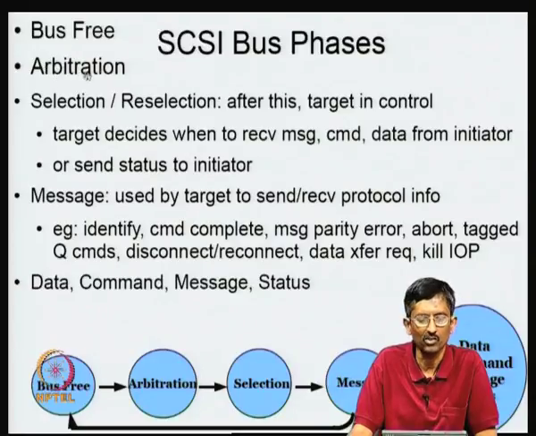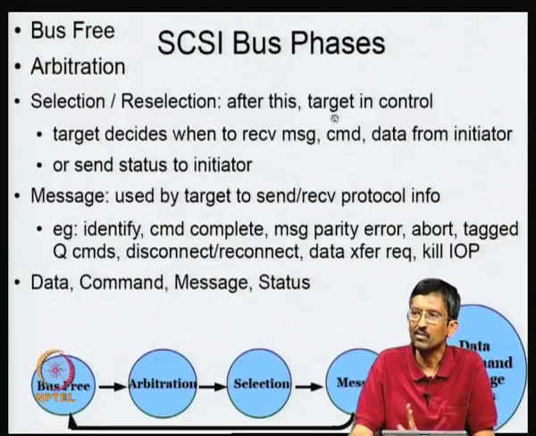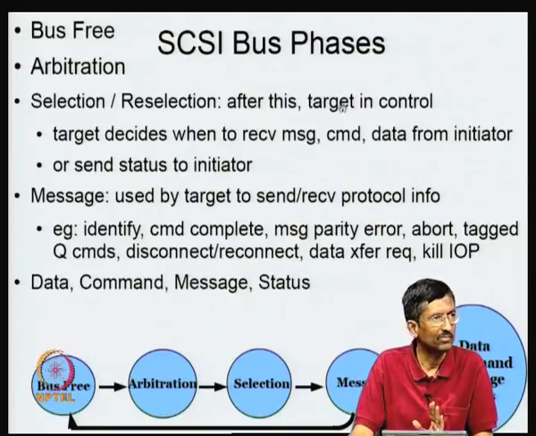There is an arbiter which does it, and then the initiator selects a particular target, and after selection the target is in control. It is a very interesting model where, once the initiator has selected the target, the target is completely in control after that. The reason this is done, as we discussed earlier, is that the targets are extremely slow.